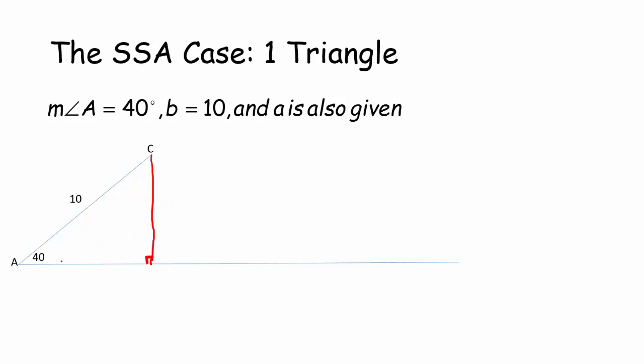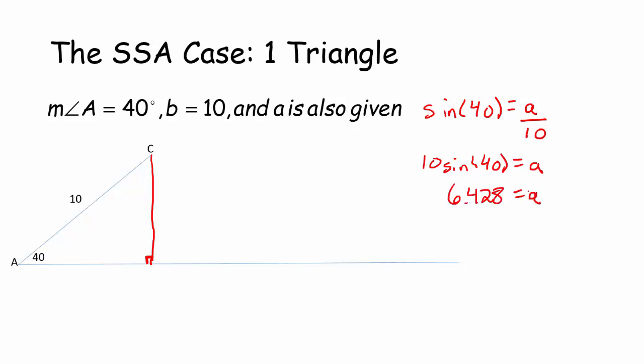Well, I could solve for that really quickly because this is a right triangle. So the sine of 40 would equal side A over 10. So 10 sine 40 would be side A. Let's just compute that really quick.